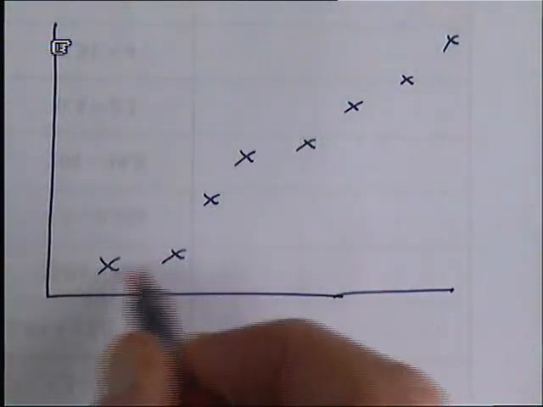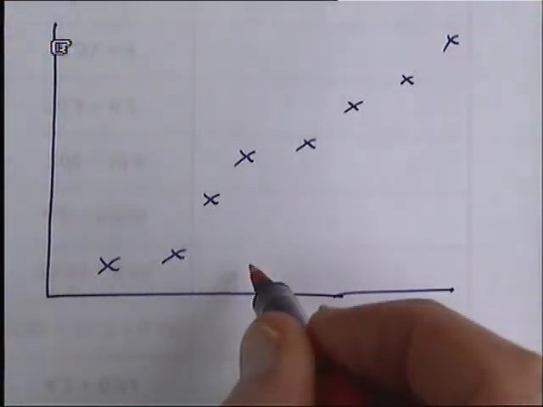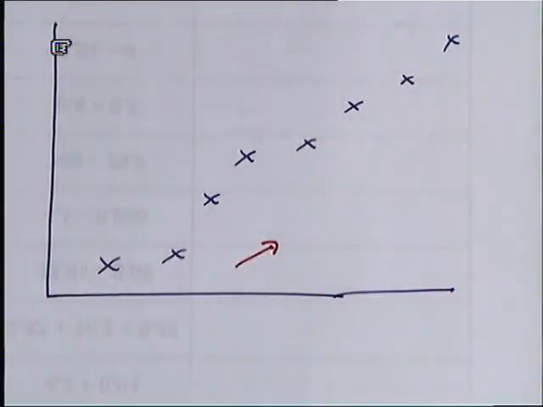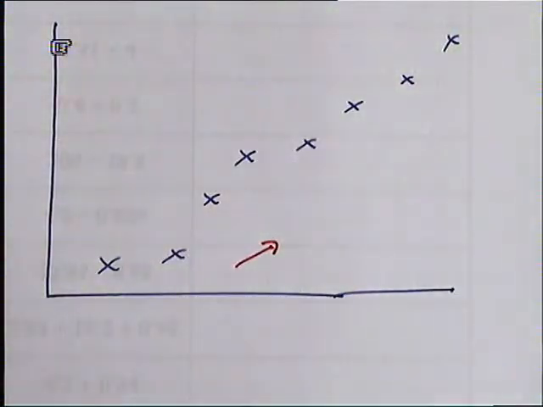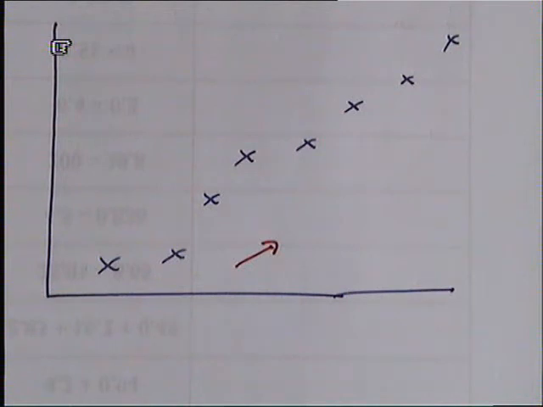Because to go from each point to the next, you are going in that direction. So actually you would have identical ranks for your x values as you would for your y values. And if that's the case, the Spearman rank correlation would actually give you a perfect 1 on that correlation.